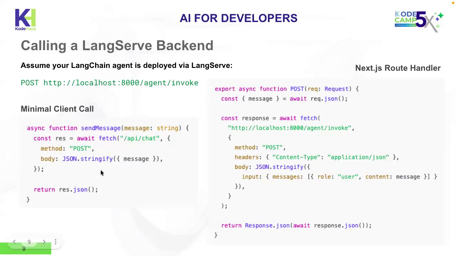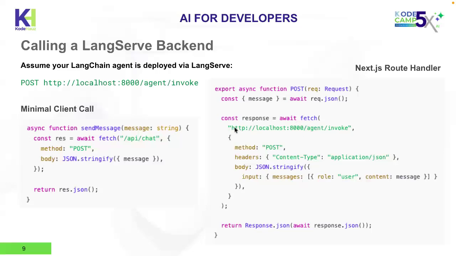And so you can do this kind of minimal client call, where the first thing is you create an API call in your Next.js. So this is the Next.js where you create a route handler. And this route handler is still running in your Next.js, but it's a server-side call.